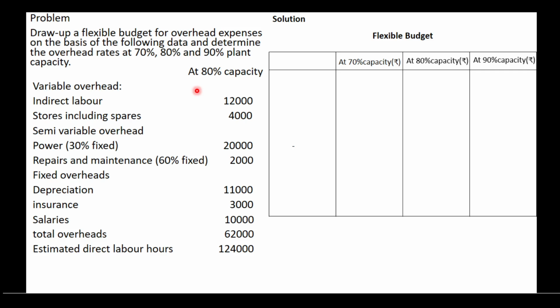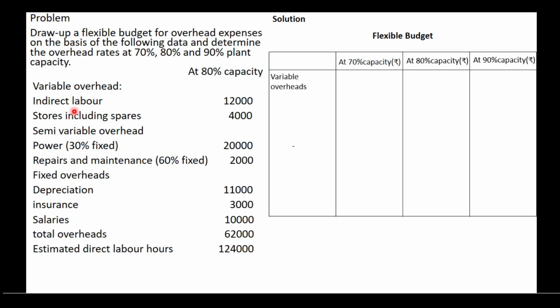So these all items are entered in the particulars column. The first one, variable overheads. Under the variable overheads, there is an indirect labor. So this indirect labor amount is 12,000 rupees. Okay, so it is under the 80% capacity. Indirect labor at 80% capacity, that amount rupees 12,000.